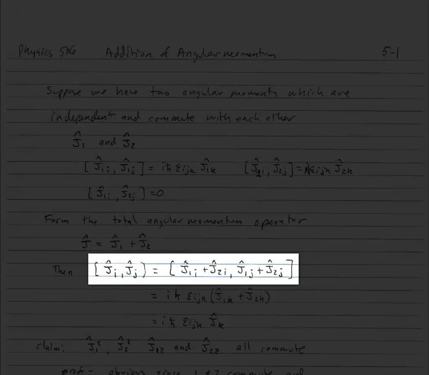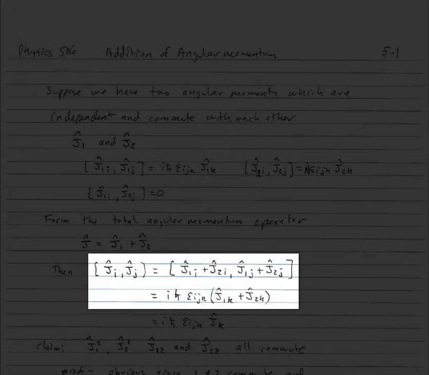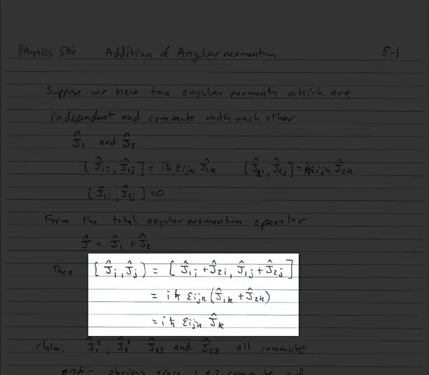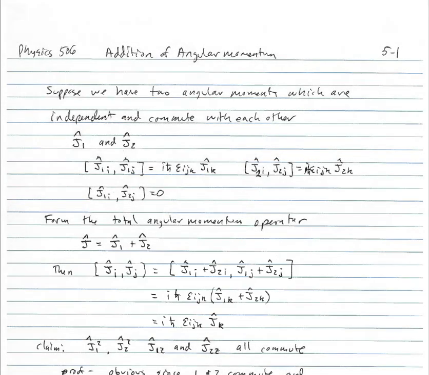And when we look at the commutators of the J1i with the J1j and the J2i with the J2j, they're both the same form. I get an i h bar epsilon ijk J1k, and I get an i h bar epsilon ijk J2k. So I can add those together. And indeed, we find that the total angular momentum satisfies the same commutation rule as angular momentum satisfies.